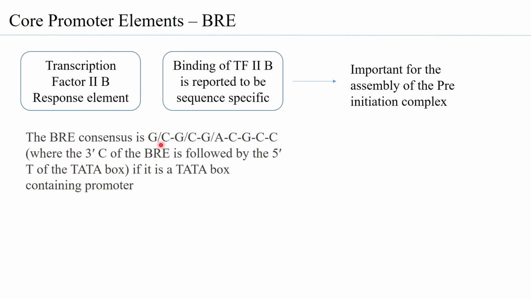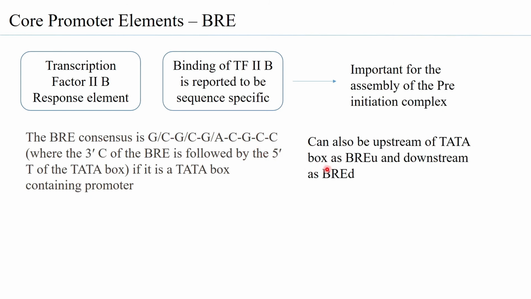The consensus sequence, as you can observe, is a GC-rich region, with the 3' end of the BRE positioned immediately before the 5' T of the TATA box if the promoter has a TATA box. This has been observed in many core promoters.